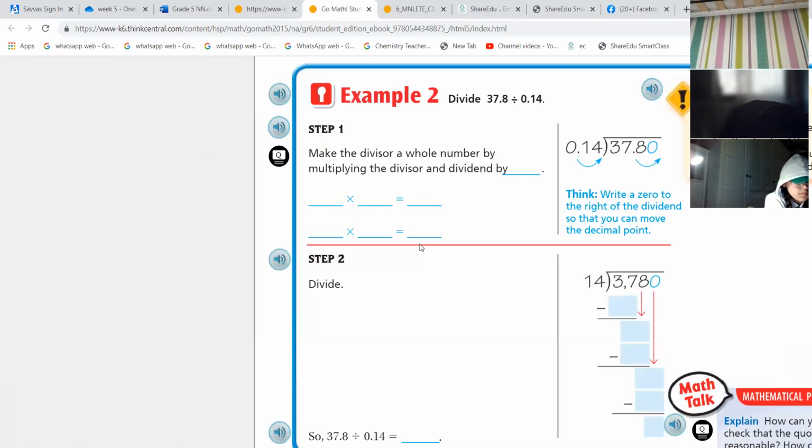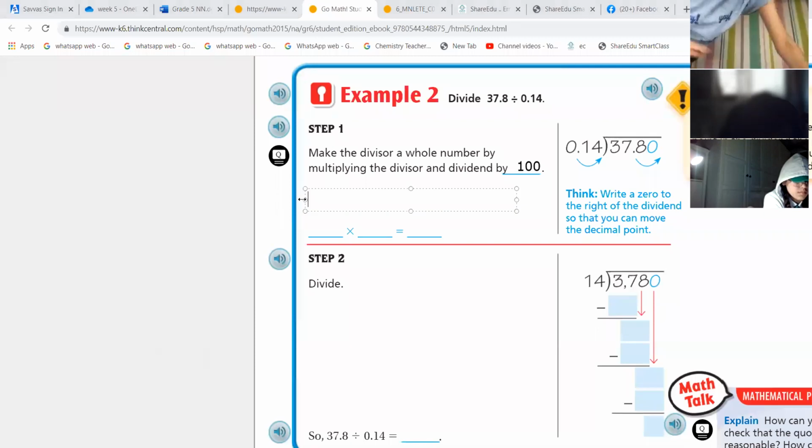Miss, so we multiply it by 100 because it's two numbers. Yes, I multiply with 100. Anyways, I will choose the bigger one. I will multiply by 100. You know very well that if I take 37.8 and do times 100, what do I get?